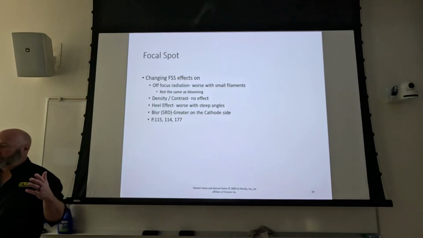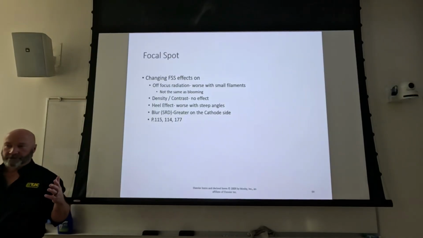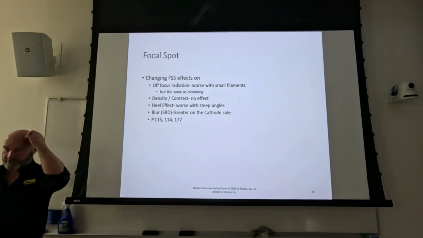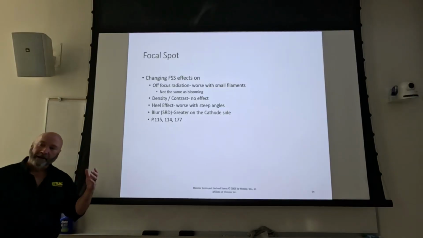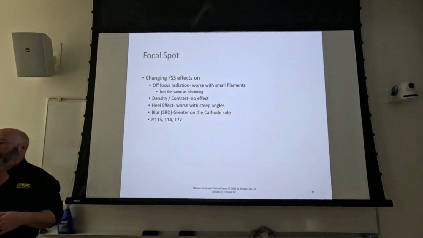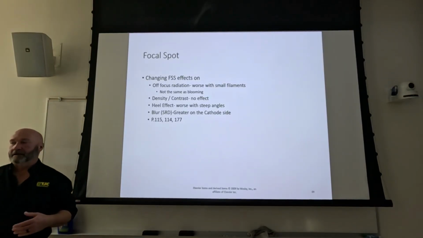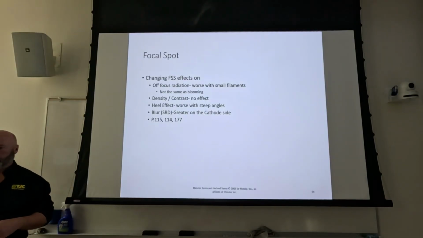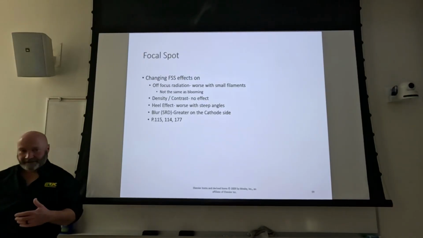What's the electron's charge? Negative. So they're going to push against each other. What's the anode's charge? Positive. So it's going to re-accelerate towards the anode, and it's going to hit somewhere else, and it's going to make an X-ray photon in that somewhere else. Okay, that's off-focus radiation.